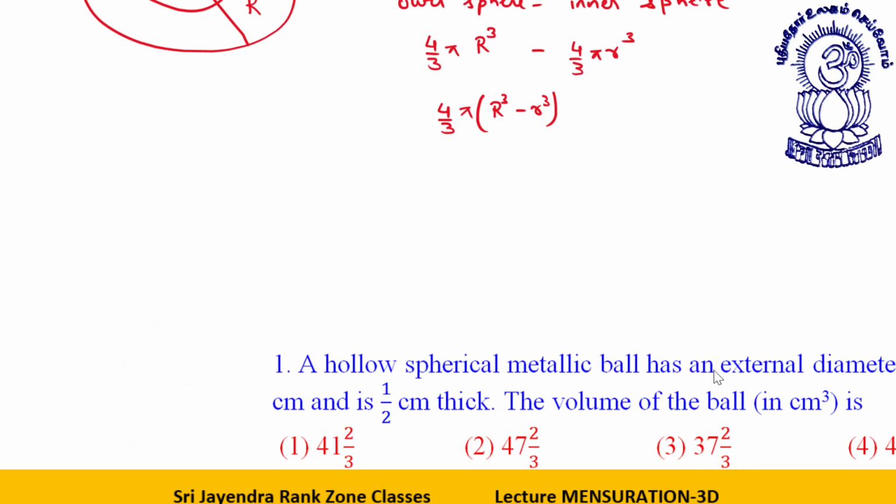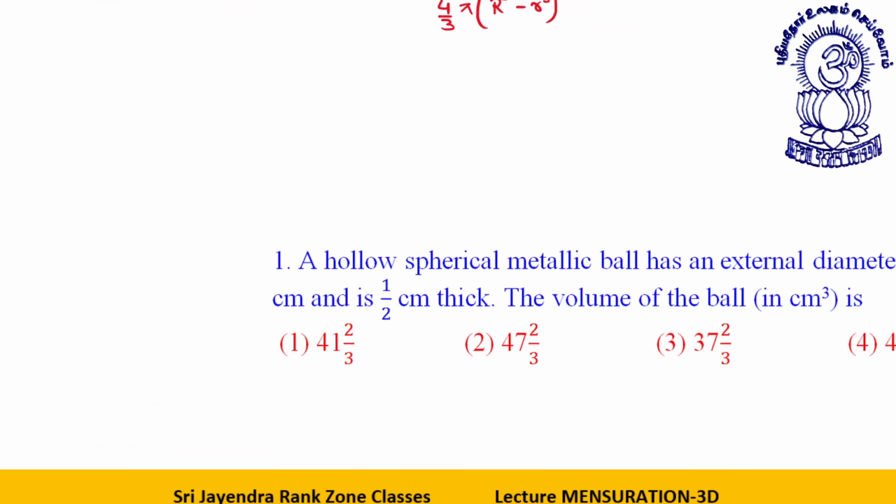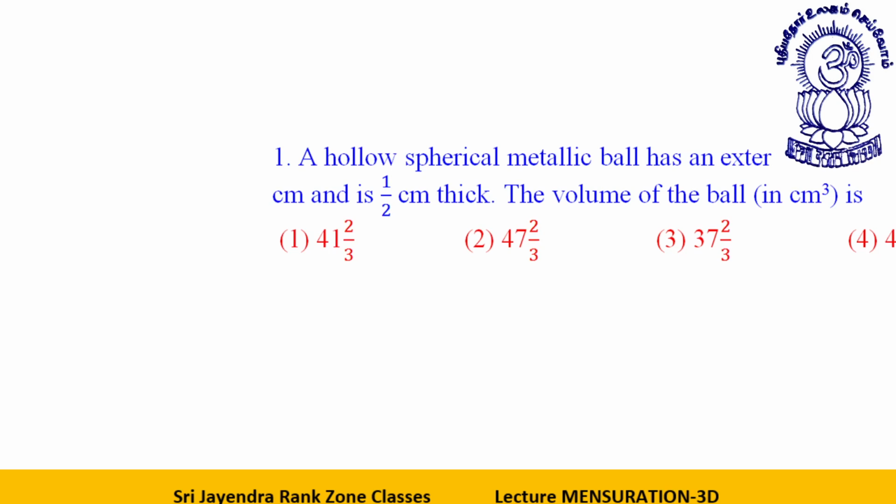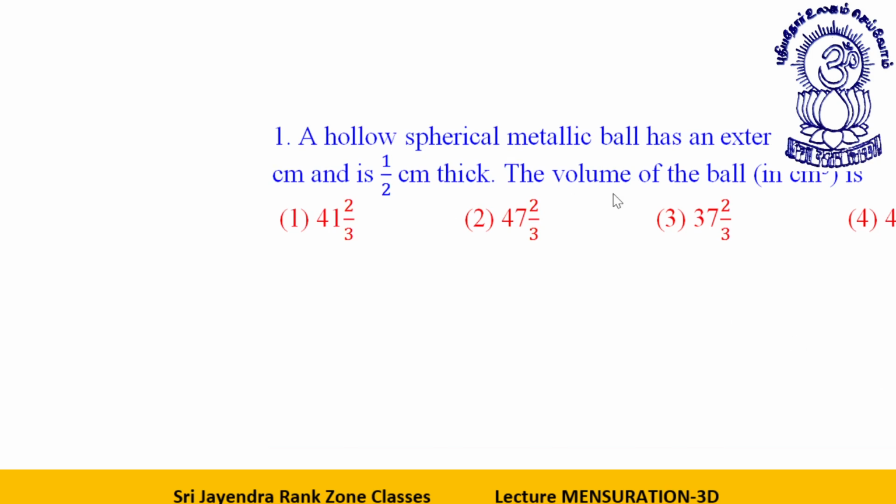A hollow metallic ball has an external diameter 6 centimeter and is half centimeter thick. The volume of the ball will be... so it has an external diameter 6 and thickness 0.5. What will be capital R? Capital R is 3. Thickness is half, so small r will be 3 minus half, that is 2.5 centimeter.